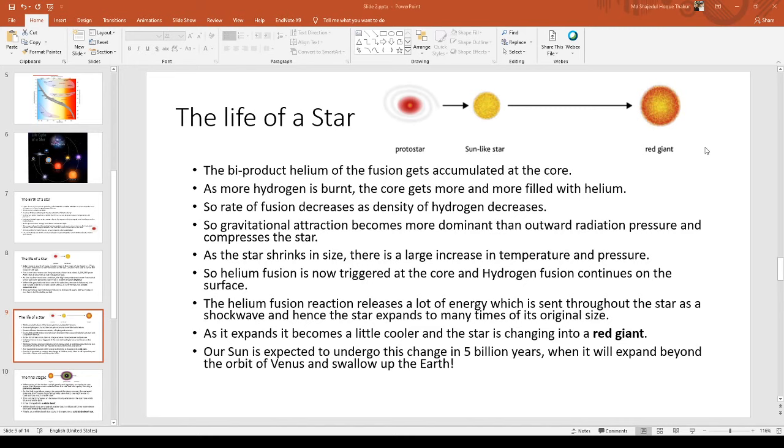That is why the surface is cold. It's not that the entire star is cold. The surface is much cooler because of the large size of the star, because the energy is now distributed over such a large volume. That is why the temperature is lower, but the temperature at the core is still much higher. So nuclear fusion reaction will still continue, and at the core the pressure and temperature both are still more than sufficient to cause helium fusion reactions.